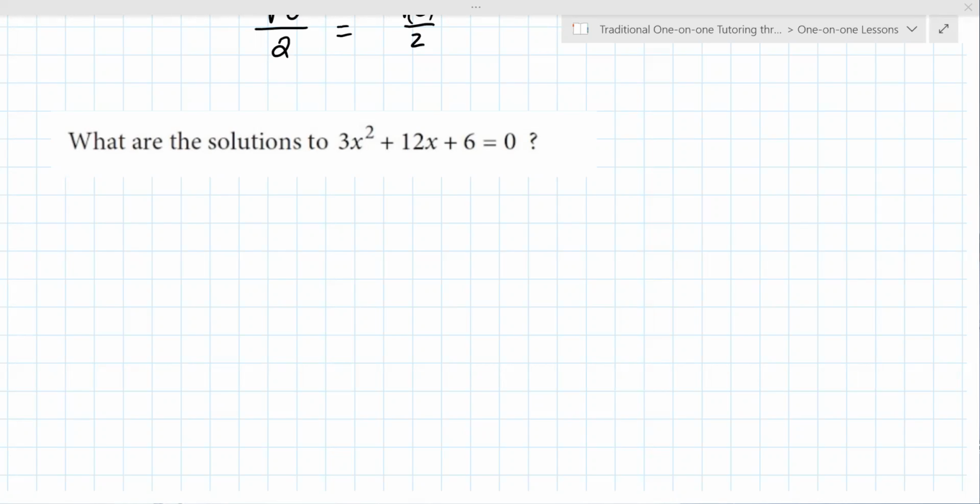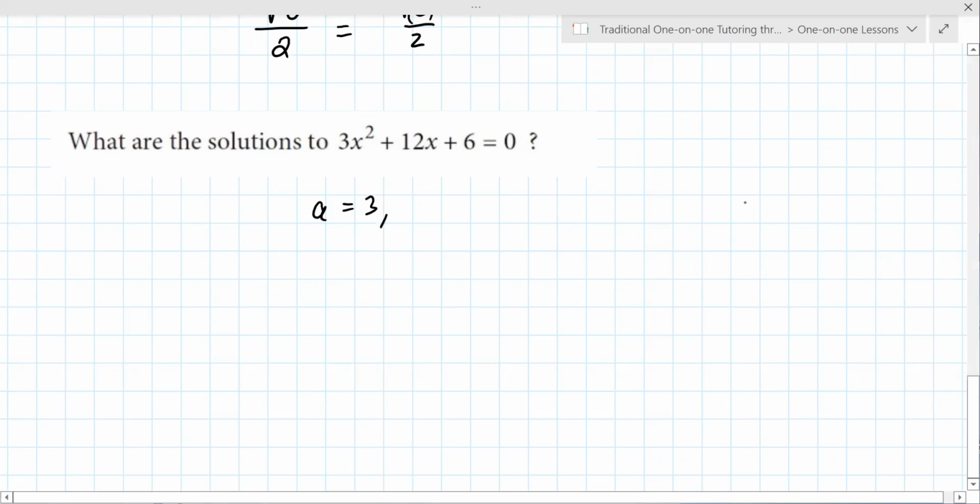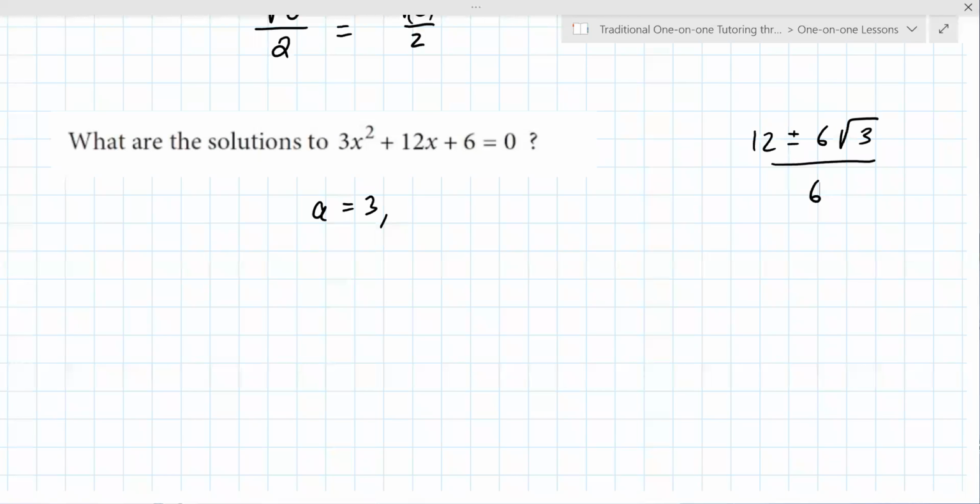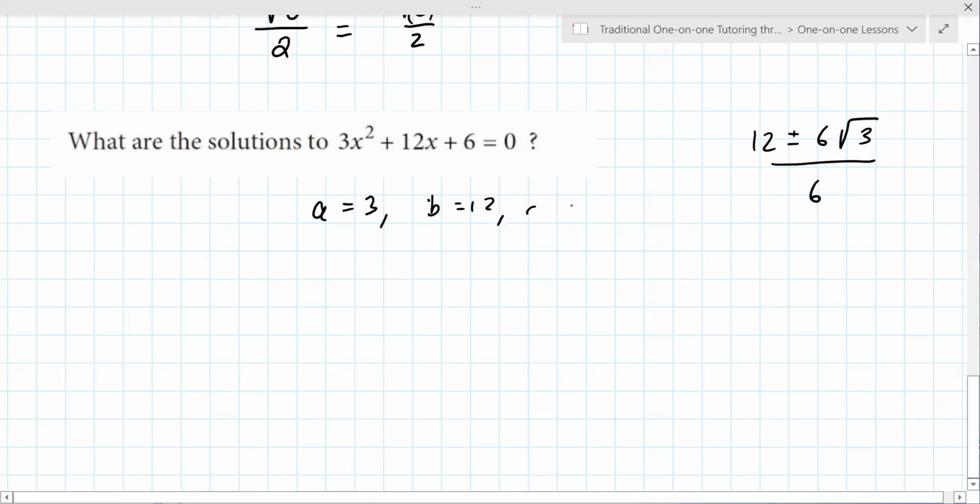How are you doing on this one? I'm at 12 plus minus, and then I got 6 square root 3 all over 6. Good, I haven't finished it yet. Good. Okay, you're almost there. Yeah, keep going. Divide by 6.